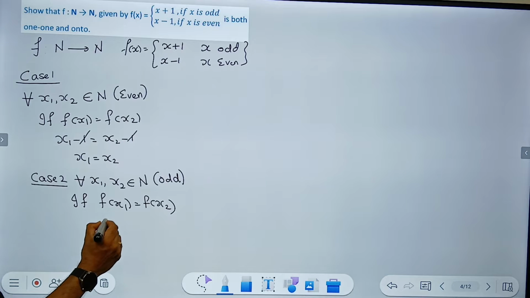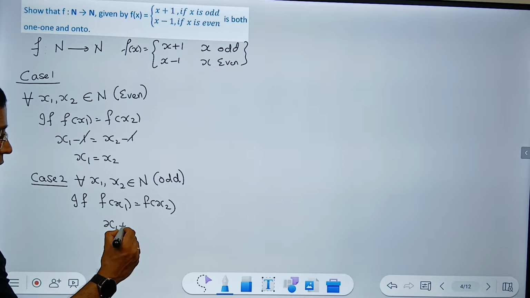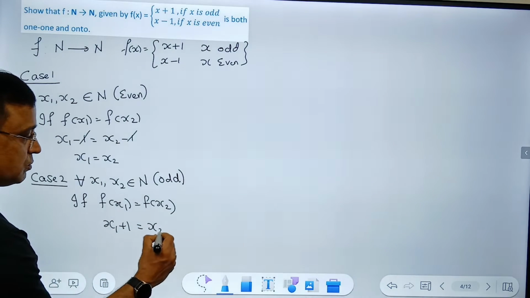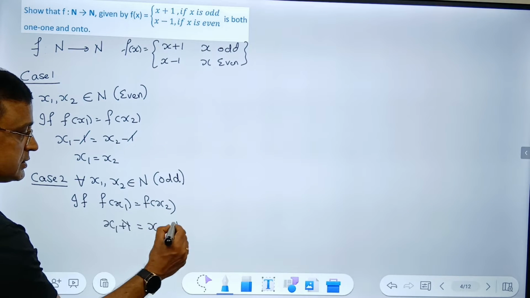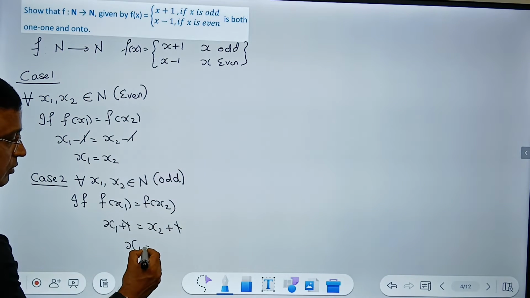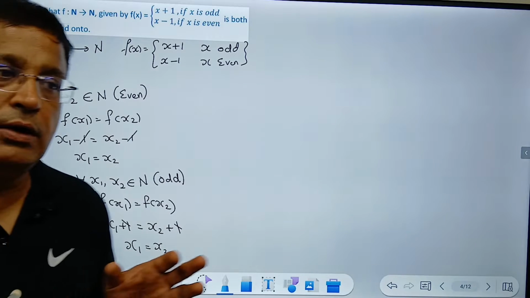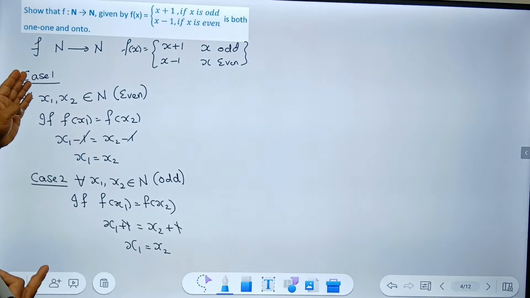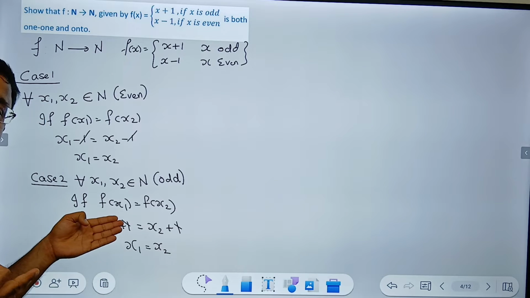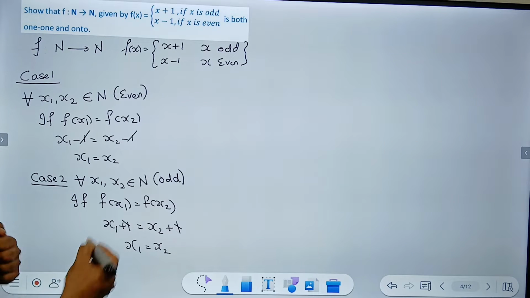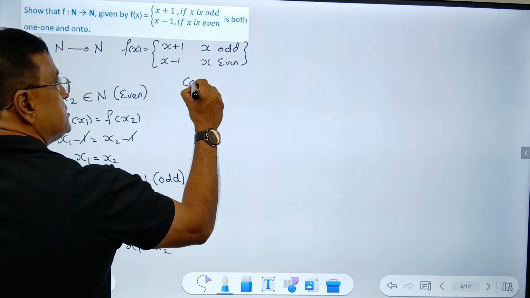So x1 is odd, therefore x1 plus 1 equals x2 plus 1. So the 1 gets cancelled, you get x1 equal to x2. So the function is 1 to 1 if both numbers are chosen as even, or both are chosen as odd. But there's another possibility also, that is case 3.